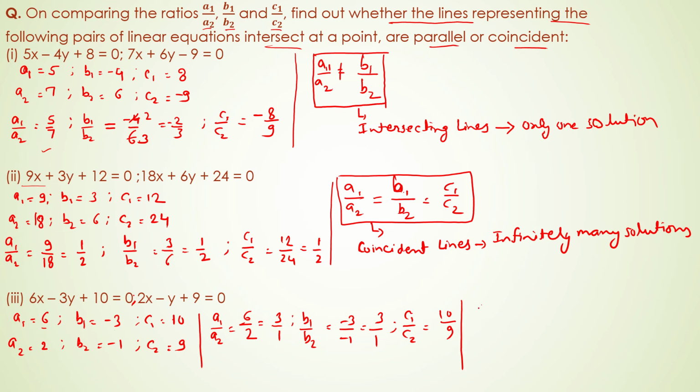So here the condition obtained is a1 by a2 is equal to b1 by b2, but they are not equal to c1 by c2.